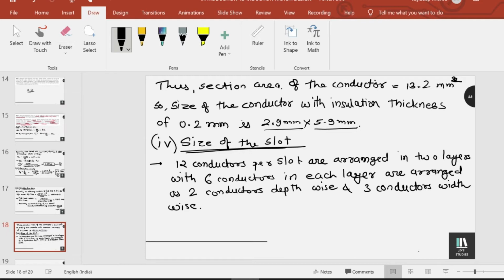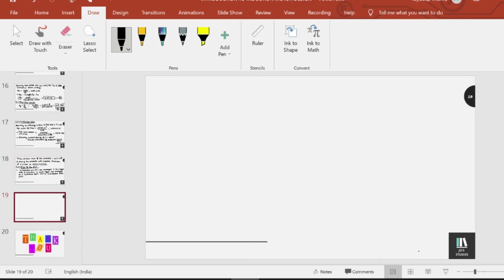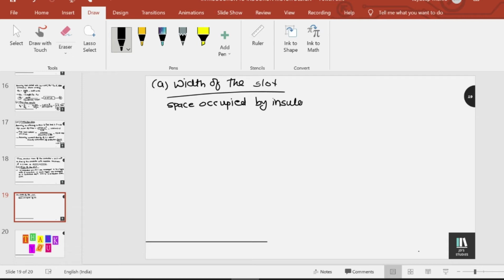So first of all, we have to find the width of the slot. The space occupied by insulated conductor is 3 into 2.9, so 8.7 mm.